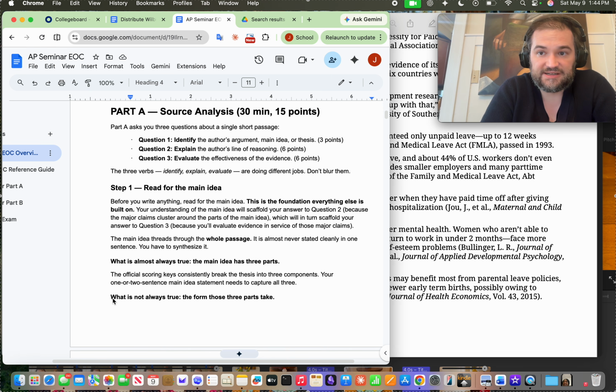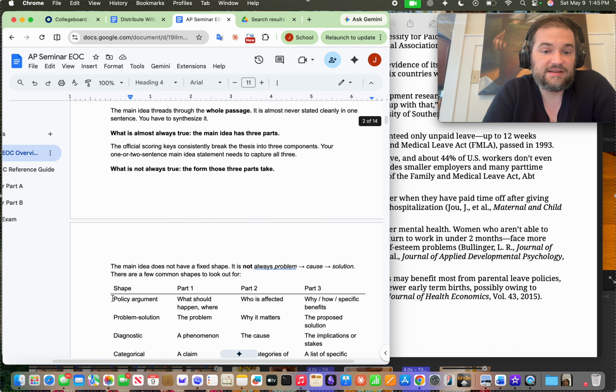A lot of this I'm basing on going through all of the most recent readers' reports and score reports from last year's test. First thing you do is you read it, and you find the main idea. Almost always true, it has 3 parts. We don't know what form those parts will take.